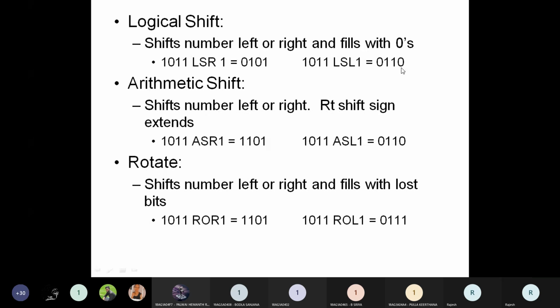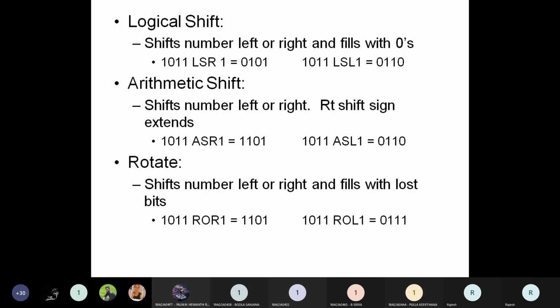So if you see here, 1011 LSR means logical shift right by 1 bit. If you are doing right shift, what is happening? 0 is placed here. Okay, logical shifting by right.